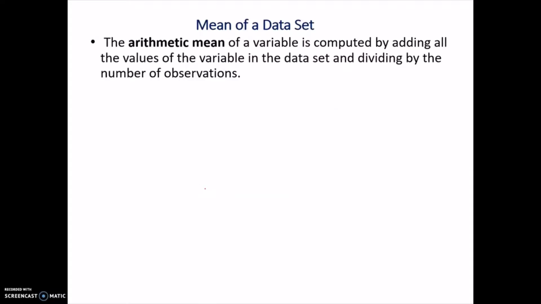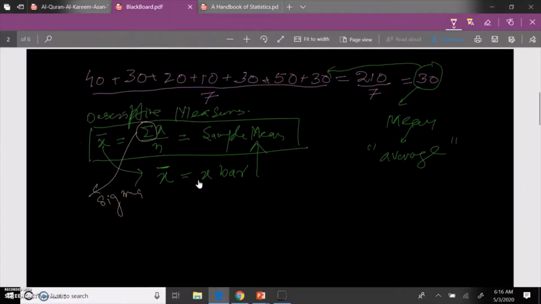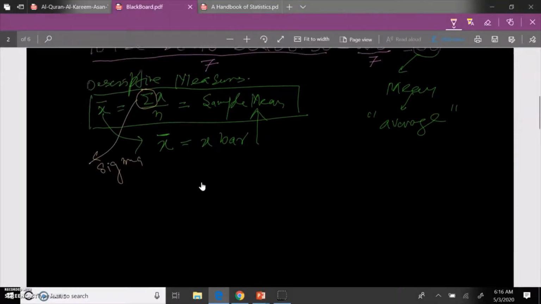Okay. Now let's talk about the second measure of center, which is called the median, right? What is the median? I will explain it with the help of this diagram. Let's understand what the median is.